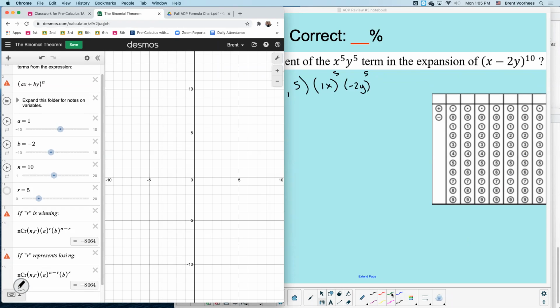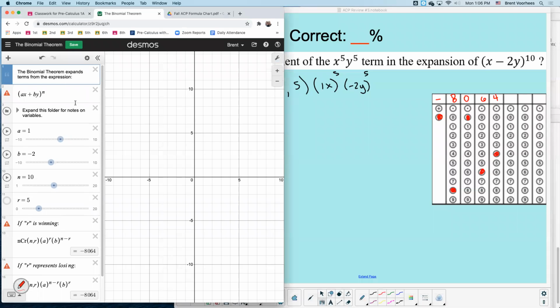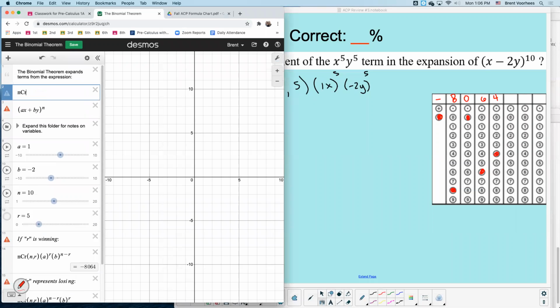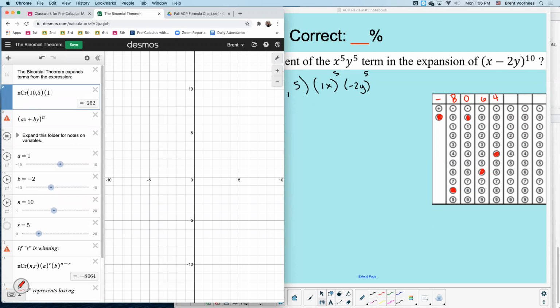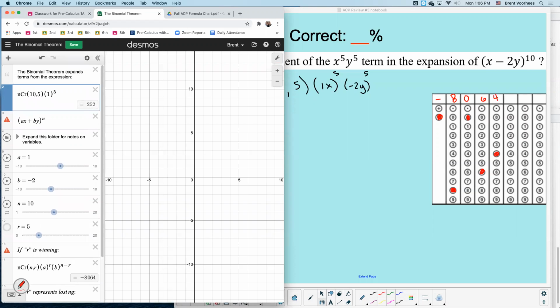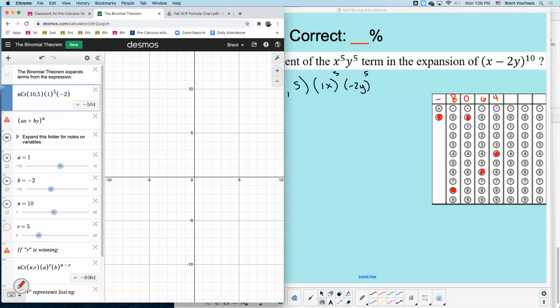All right, the answer is negative 8,064. And I can type this in just to be safe. n capital C r, it was 10 comma 5 times 1 to the power of 5 times negative 2 to the power of 5. You can see we get the same thing. So that's how you do binomial theorem.